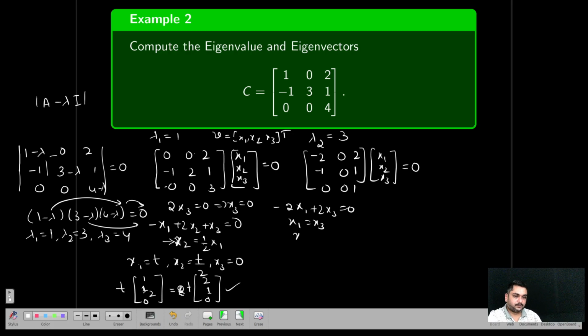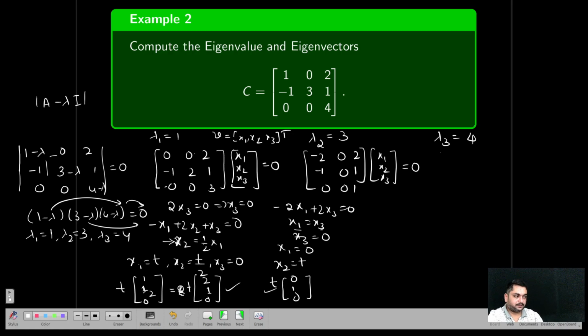Then we'll get the last equation x3 equal to 0. So that implies x1 equal to 0 because x1 equal to x3. Okay, so now x2 is a free variable, put x2 equal to t. So the eigenvector will be t into 0, 1, 0. This is the eigenvector. Next, lambda 3 equal to 4.